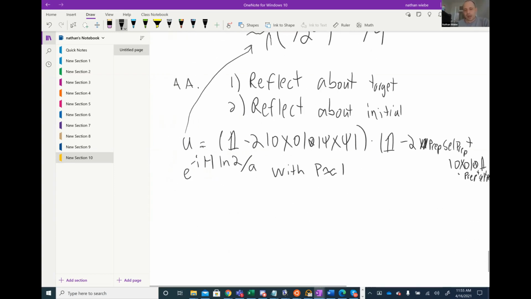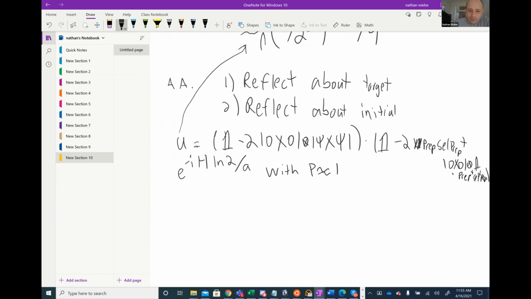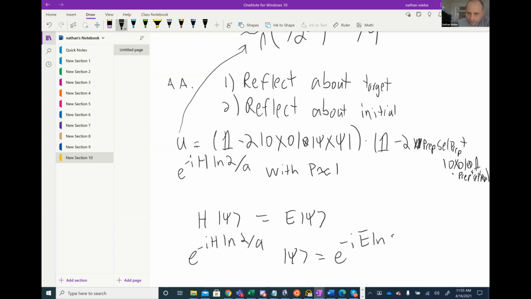So if we have this acting on some initial state psi, such that H psi is equal to E psi, then this operator that we can do using this technique with 100% success probability is going to map e to the minus i H ln 2 over A, acting on psi, to e to the negative i E ln 2 over A psi.